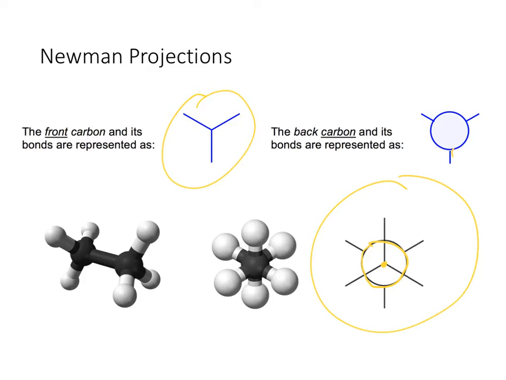So my approach to drawing these is first I draw the circle, and then I draw my 3 lines in the front, and then my 3 sticks hanging off the back circle. So this would be my front carbon, the big circle is my back carbon, and then I would have various things hanging off of those carbons depending upon what molecule it is. So if it was ethane, they would all be hydrogens.